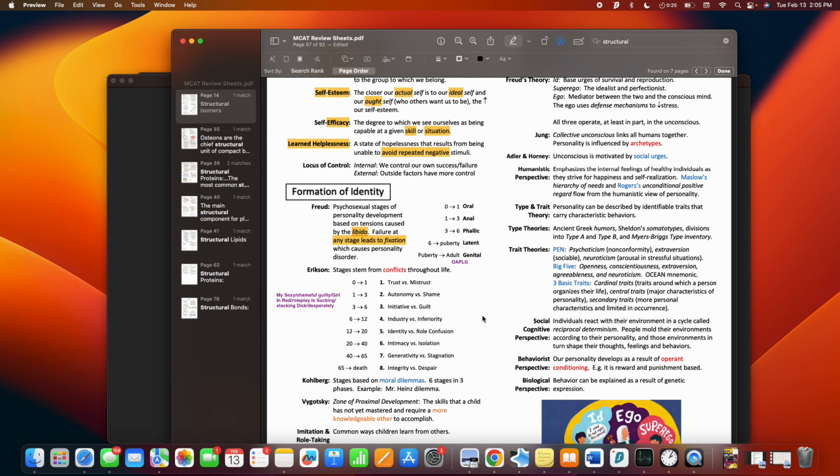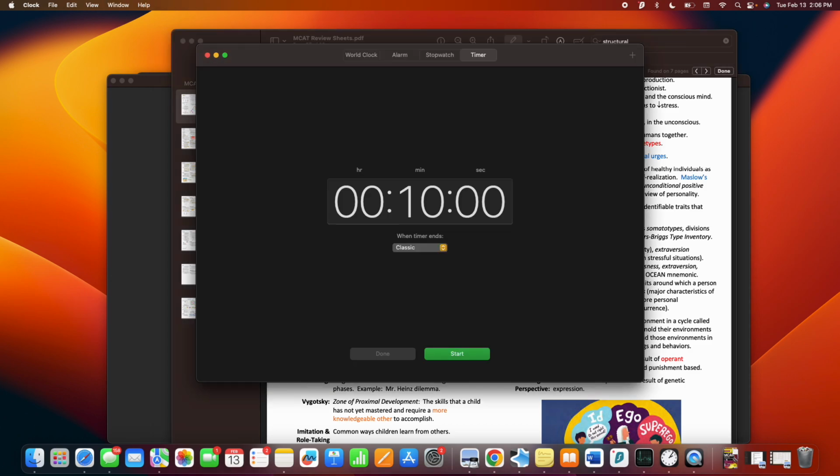And the ages go 0 to 1 again, just like Freud, and then 1 to 3, just like Freud, 3 to 6, just like Freud, 6 to 12, 12 to 20, 20 to 40, 40 to 65, 65 to death. So again, my is mistrust versus trust, sexy or shameful, my sexy girl in red.